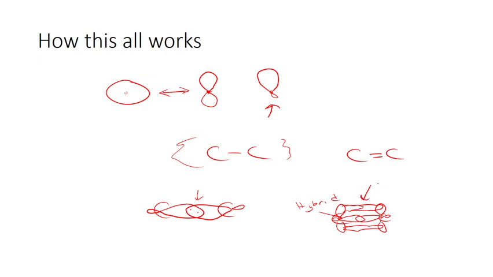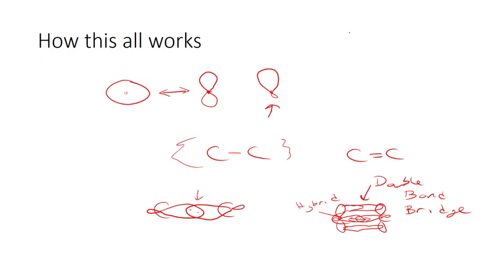And this is our double bond bridge. So these are above and below the carbon, and the hybrid orbital is in the middle. So that's what happens if we have a double bond.